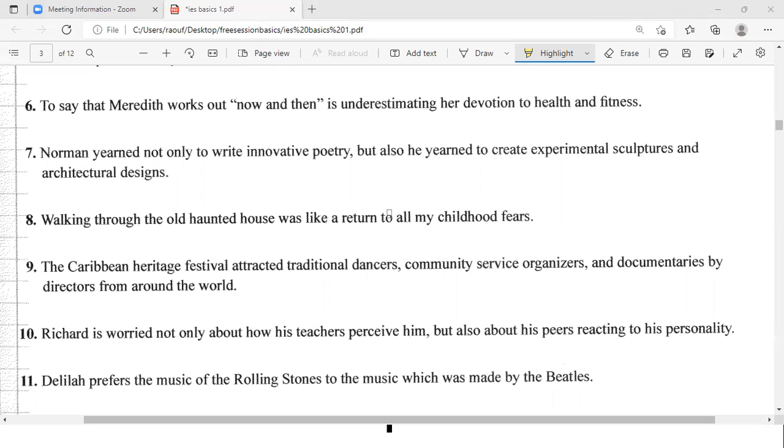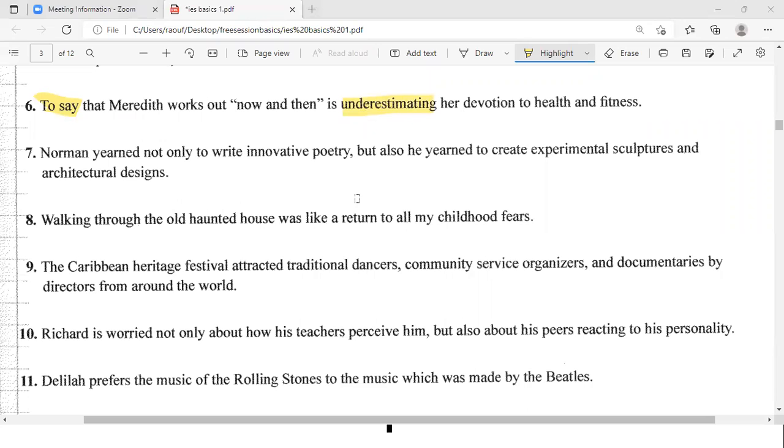Okay, let me help you, gentlemen and young ladies. To say that Meredith works out now and then is underestimating. Here are the two words I'm comparing to each other in the same comparison.